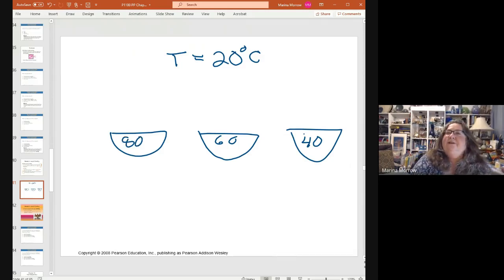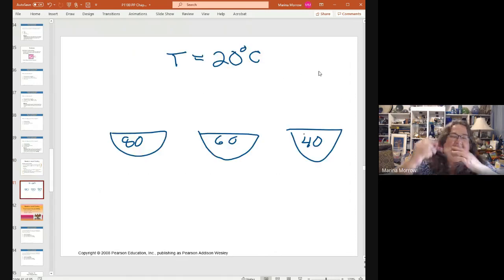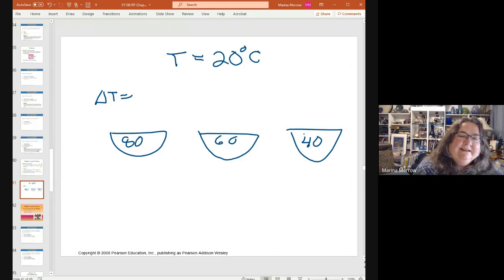Okay, so what we want to look at is the difference. We want to look at delta T, the temperature difference between the object and its surroundings. So let's calculate those right now. For the bowl on the left, delta T is going to be 80 minus 20, so that's going to be 60.